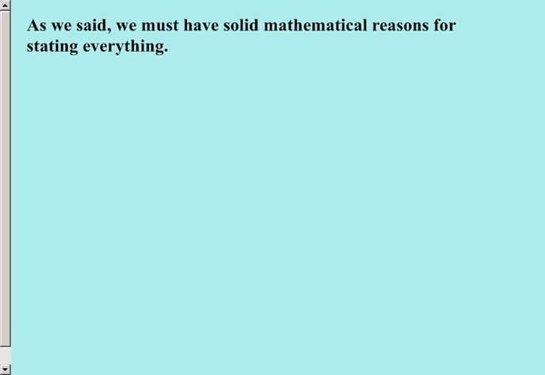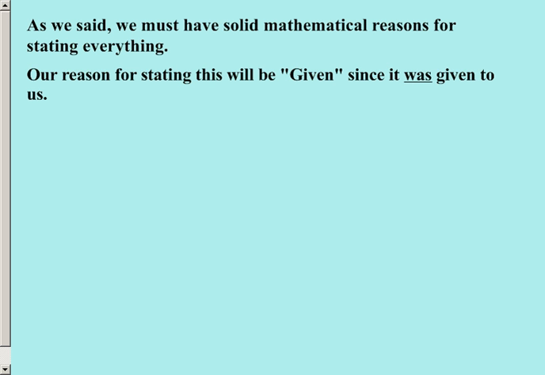Now, as we said, everything that we say must have solid mathematical reasons for those statements. The reason that we have for being able to write down that information that they told us, either by way of the diagram or the external information near the diagram, the simple reason for that is given.